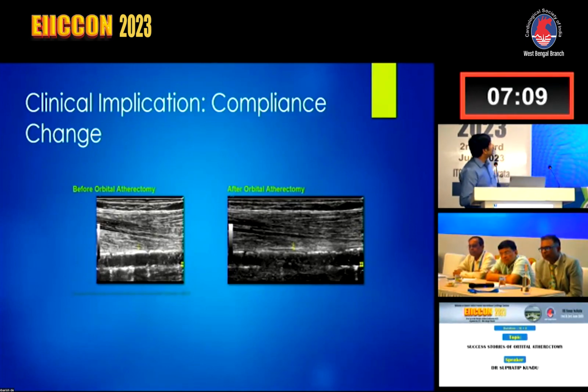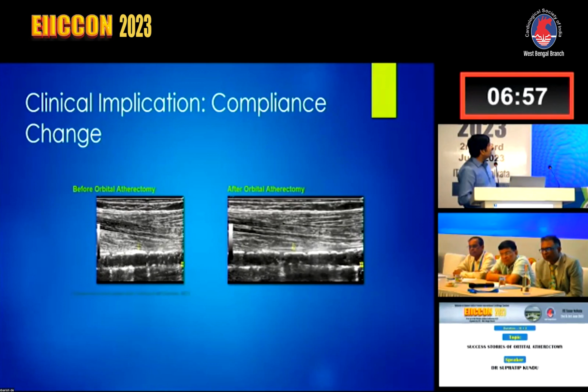This is one video which shows the compliance of the vessel in this part is not that good. But after orbital atherectomy, see how the compliance of the vessel changes. So basically, it acts on intimal calcium as well as the medial calcium.